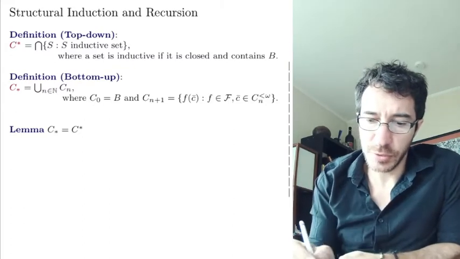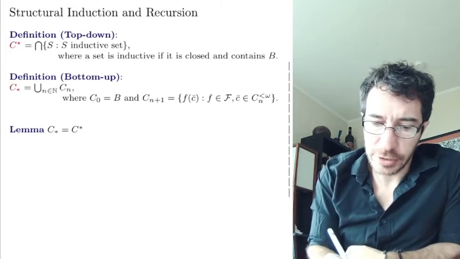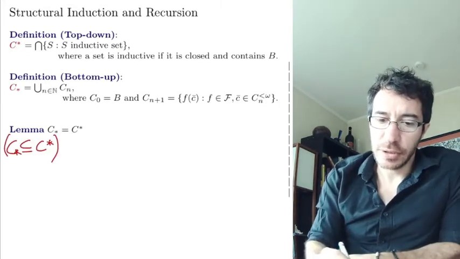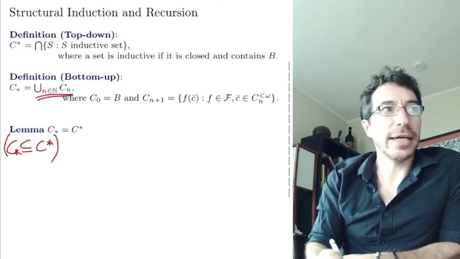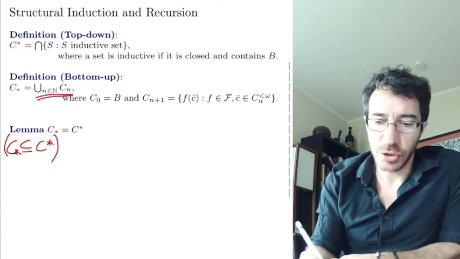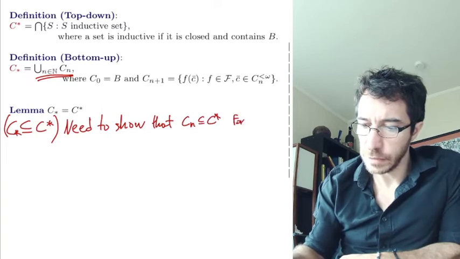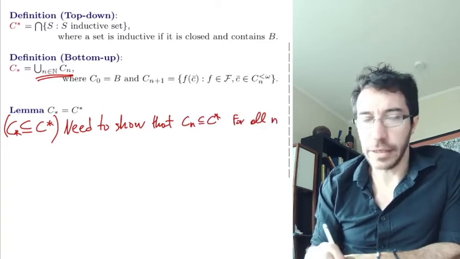Okay, so let's do whichever you want first. Let's do this direction first. That means we want to show that each guy in this union, so I need to show that Cn is a subset of C star for all n.